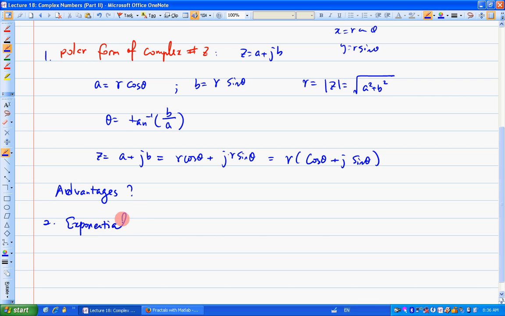Okay, so the second one here is let's look at the exponential. So this is something new here now. So e to the power z, basically, let's say z is x plus jy. z is a complex number.